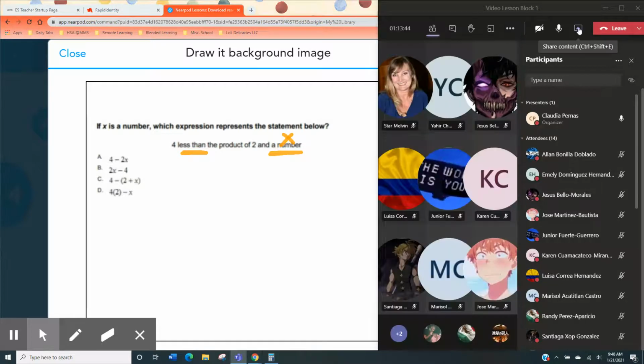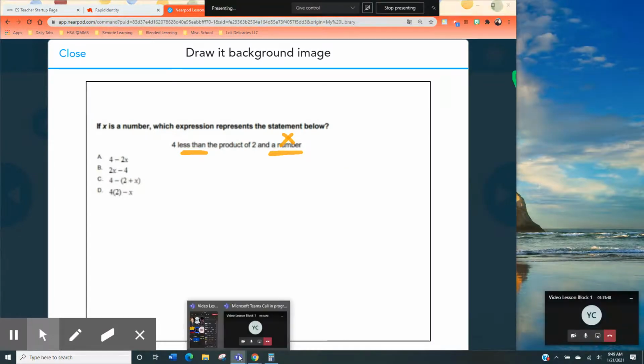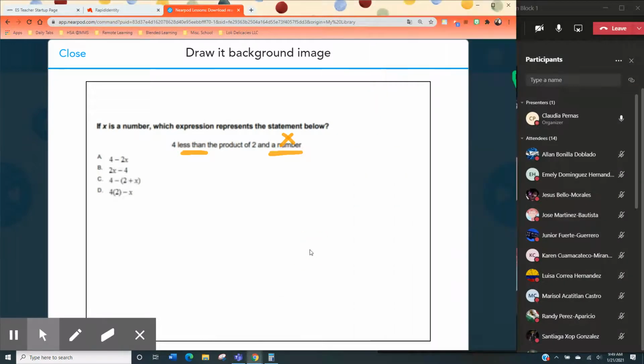Okay, I'm going to reshare my screen and let's take a look, because it looks like a lot of people have worked their way through it. But I am seeing the same error on a lot of people's screens. Remember when we say 4 less than the product.